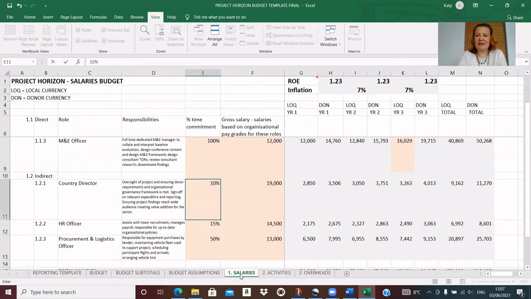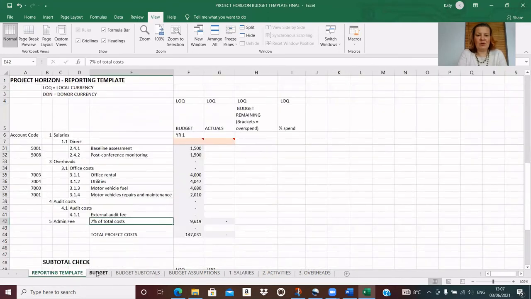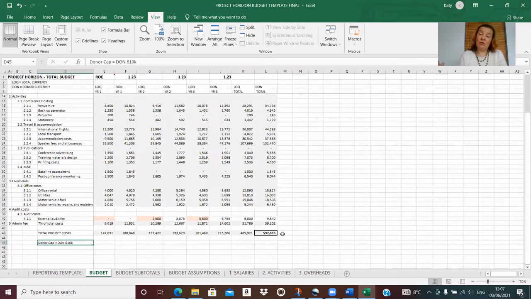So we can reduce them down to say 10%. And likewise, our procurement officer, actually another project's just come in. We know that they're going to be having some time allocated there. So we're able to say reduce them to 35%. And now let's have a look at the impact on our total budget. Great, we've already gone under, so now we can perhaps look for an additional cost, etc. So I've reinstated this back to 610,000 as that's what my donor said the cap was.